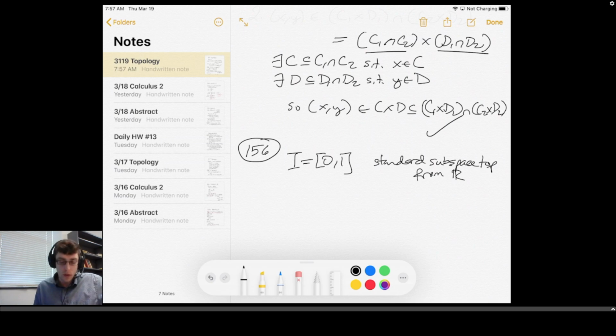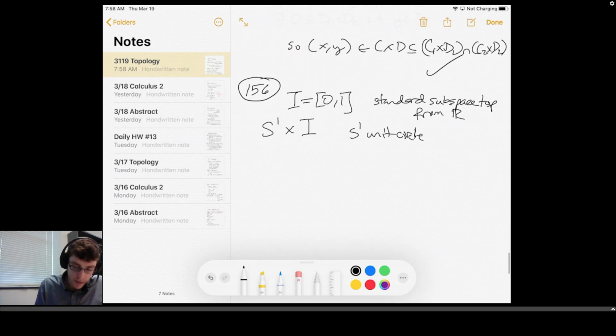All right, so what is S1 cross I? So remember that S1 is the unit circle. Yeah, it's exactly a cylinder.